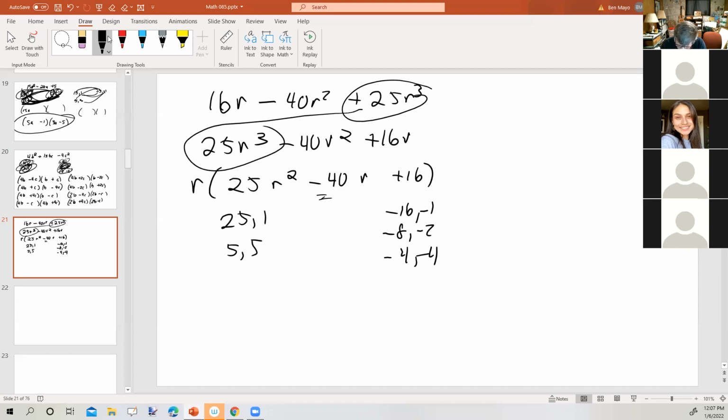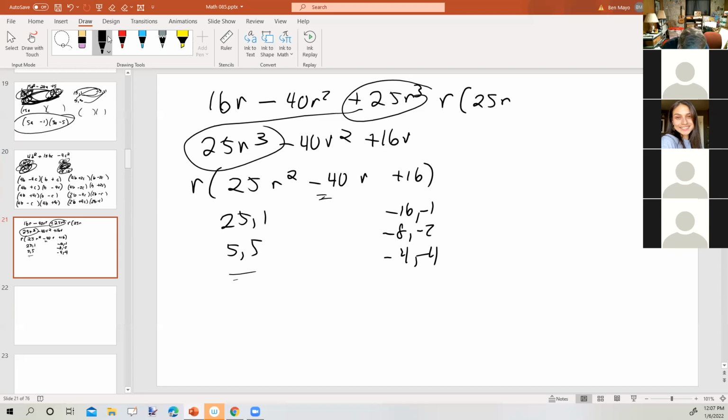Yes. But see all the combinations I've got there? So I've got 1, 2, 3, 4, 5, 6, 7, 8, 9 possibilities, since these two numbers are the same. So one possibility would be 25r. Now there's an r outside of all of these, right?